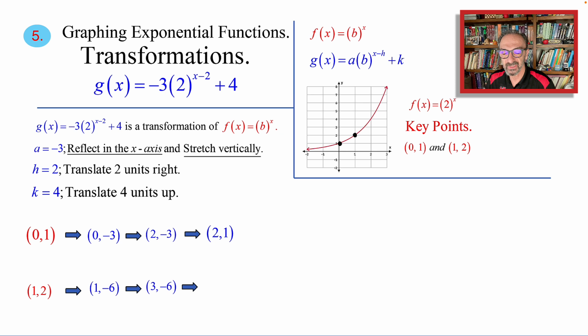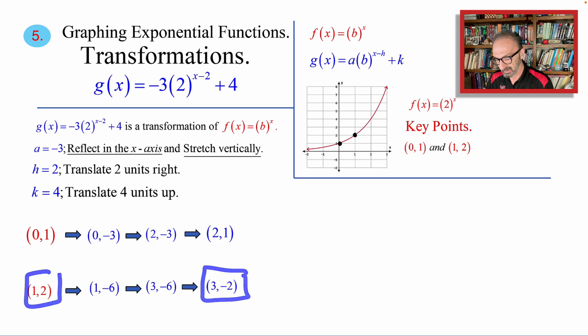So it's 3, -6. And moving up 4 units, the y value, we add 4 to it, it becomes -2. So that's my final point, taking it from this point.